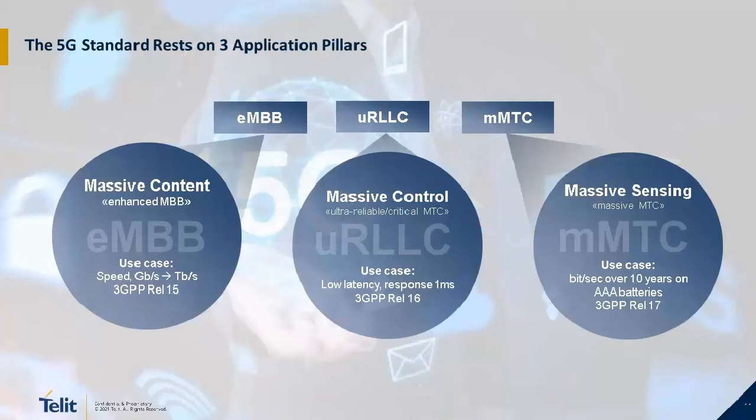So you can think of some use cases for enhanced mobile broadband, and the first one that is really taking off is fixed wireless access in homes or small business enterprises. So what operators are trying to offer is broadband type of connectivity similar to wired speeds, so multi-gigabits per second downlink and also uplink.